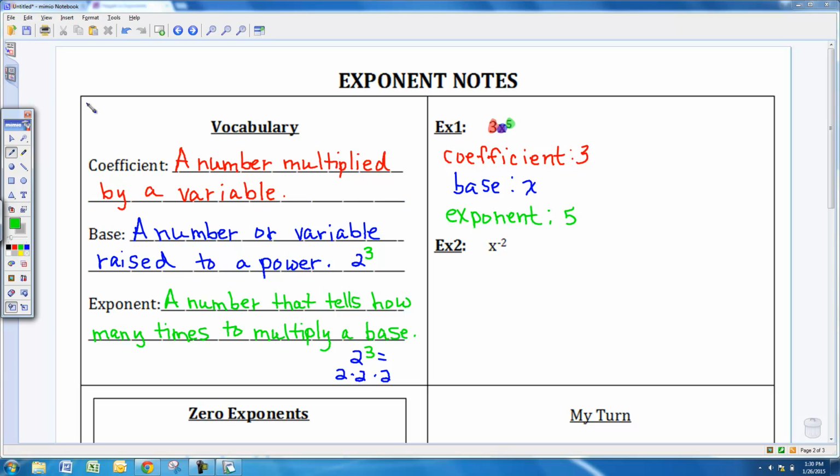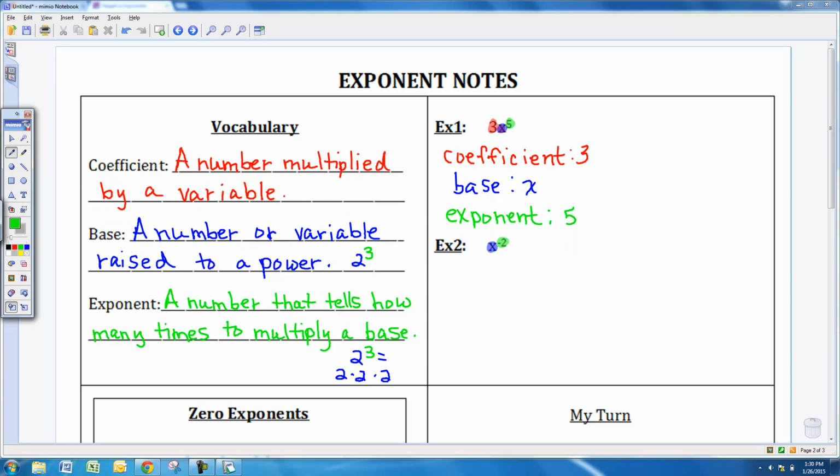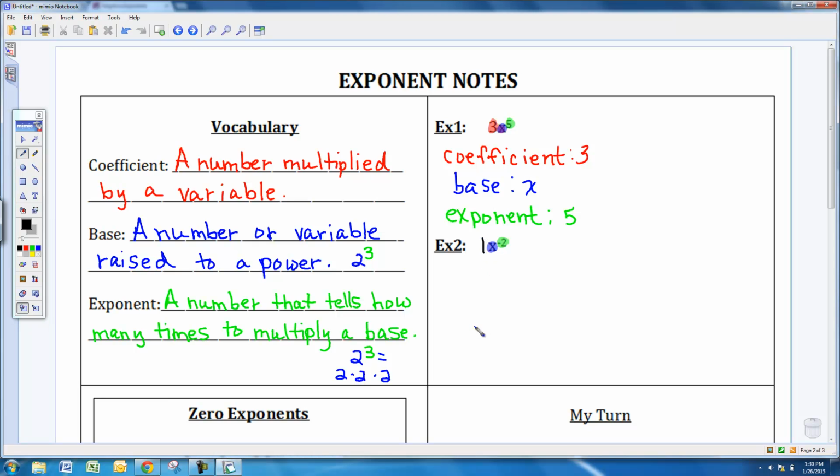Okay, let's look at our second expression. Our second expression obviously has a base, that would be x, and it has an exponent, which would be -2. And we'll talk in a second about what a negative exponent means. But does it have a coefficient? Yes, it does. The coefficient would be 1. Anytime we don't see a coefficient in front of a variable, we can put the number 1 as the coefficient.